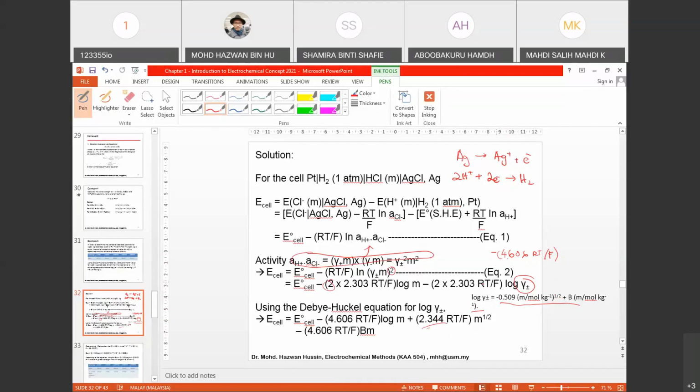Another term will be minus 4.606 RT over F multiplied with Bm, another term. So I hope this part is kind of clear.